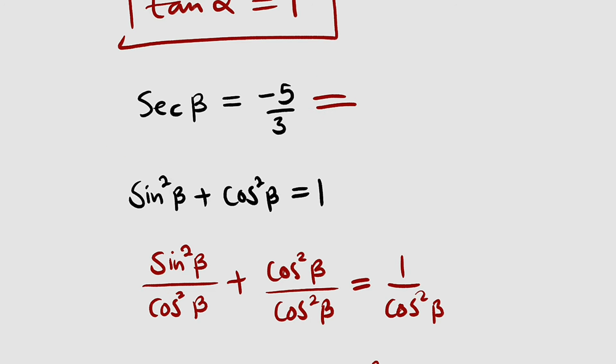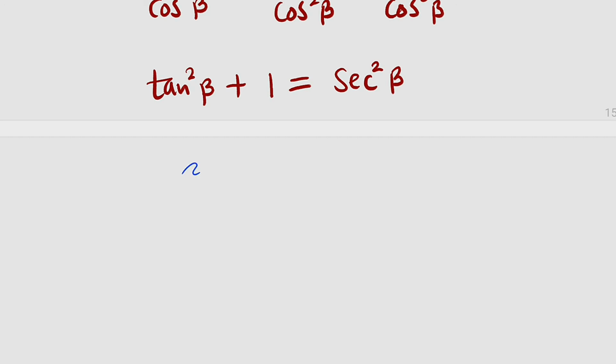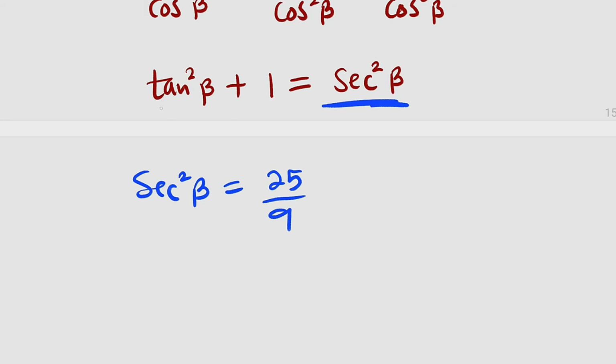If you do that, you have secant squared beta equal to negative 5 squared, which is 25, and 3 squared is 9. So secant squared beta is equal to 25 divided by 9. But we have seen that secant squared beta is nothing but tangent squared beta plus 1.